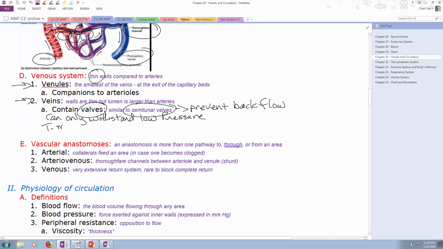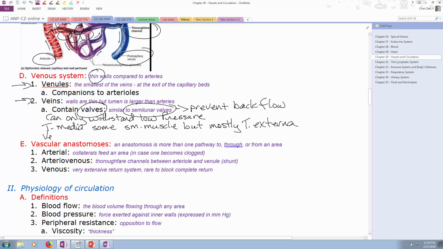Tunica media, some smooth muscle, but it's mostly tunica externa. That is the heaviest.